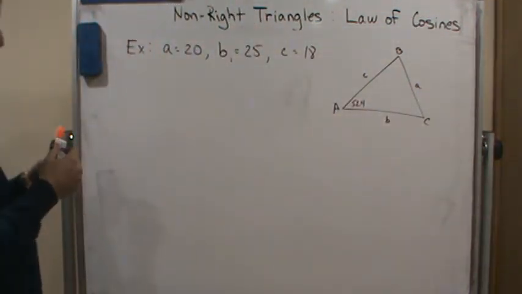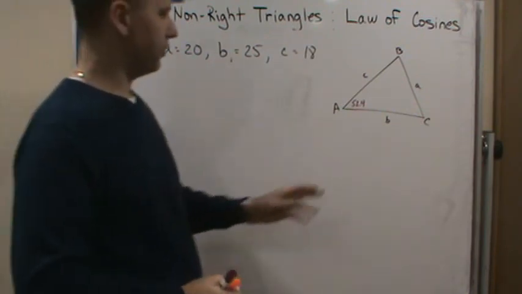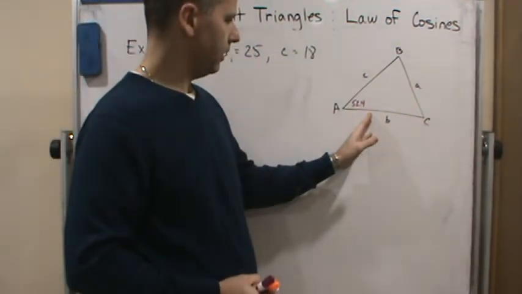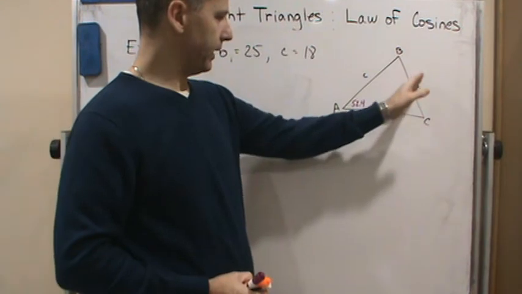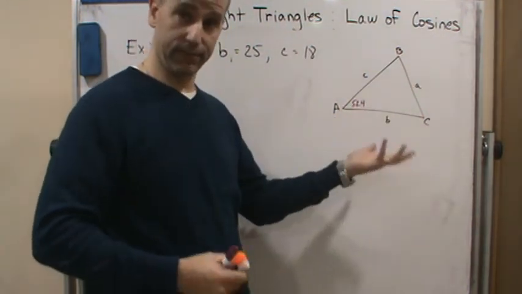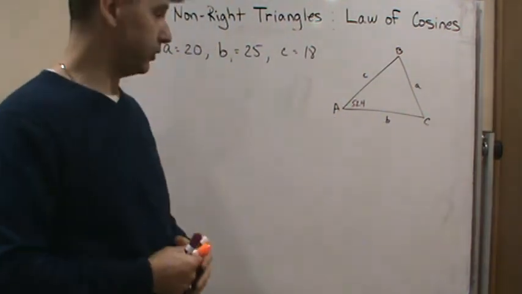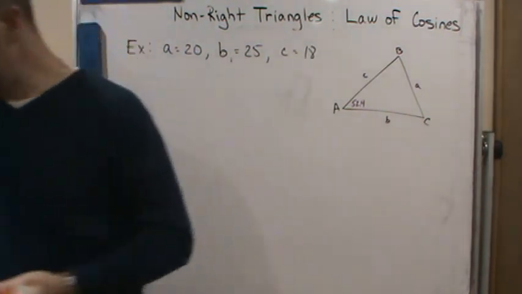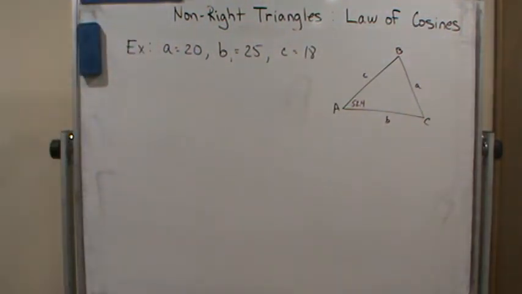At this point, you can use the law of sines and solve for one of the angles, and then you could use the fact that all three angles add up to 180, or you can use the law of cosines and solve for one of the angles. Either way will work fine.